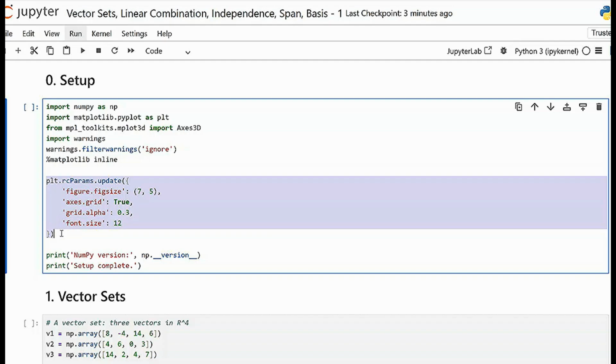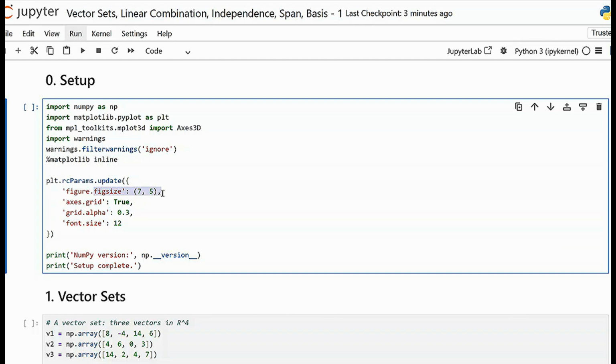This line begins updating matplotlib runtime configuration parameters using a dictionary. This dictionary has key and value pairs such as the default size of a figure, 7 inches wide and 5 inches tall.